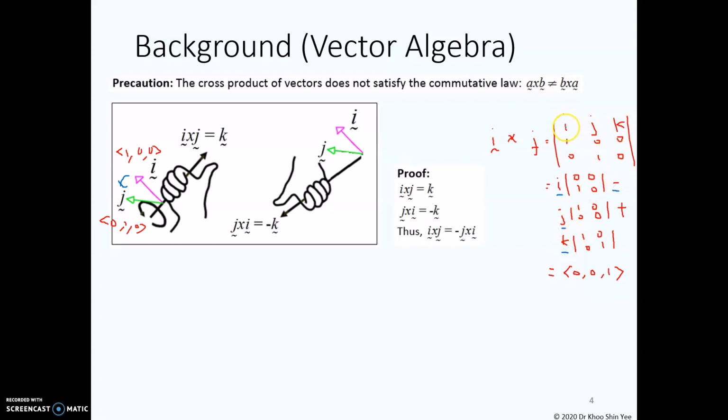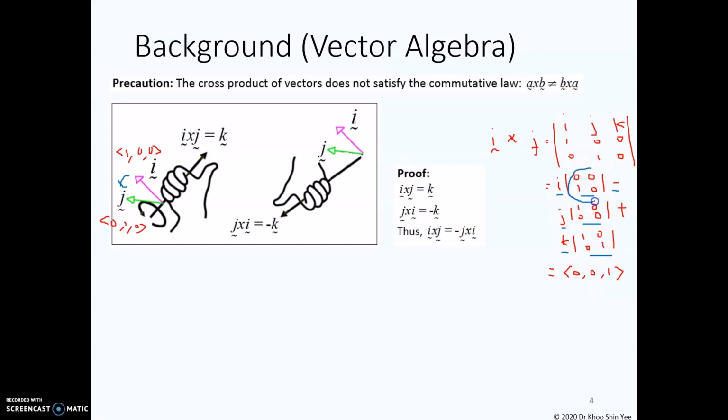Then cross the row and column for the I, you obtain 0 1 0 0, which is this. Cross the elements in the J direction, so you obtain 1 0 and 0 0. Lastly, cross the column and row for the K element, then you obtain 1 0 0 1. So perform the calculation for this item.